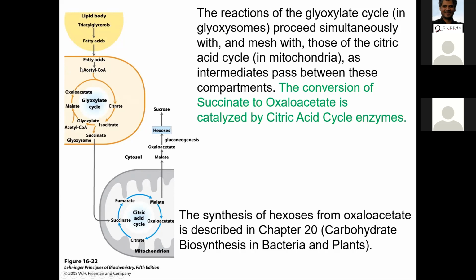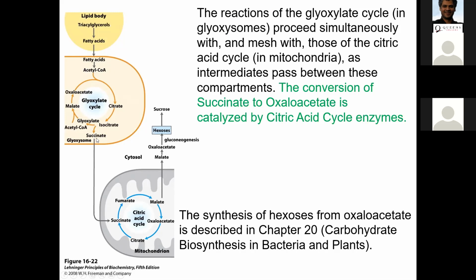Now, once you have acetyl coenzyme A, glyoxysome will run the glyoxylate cycle, with the reactions we just talked about. But in every turn of the cycle, it will consume 2 molecules of activated acetate and release 1 molecule of succinate, 4 carbon.